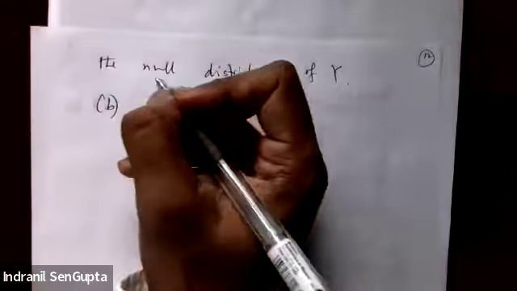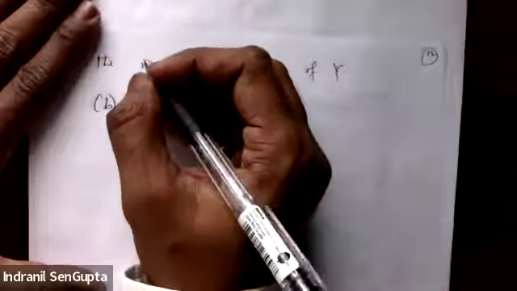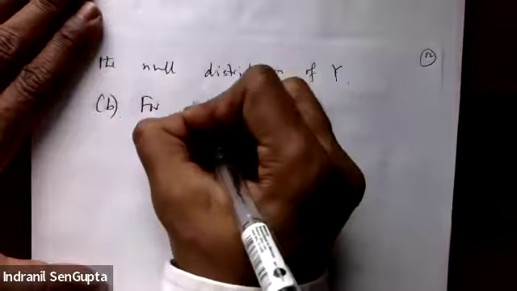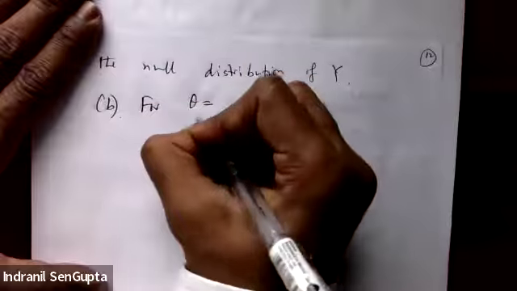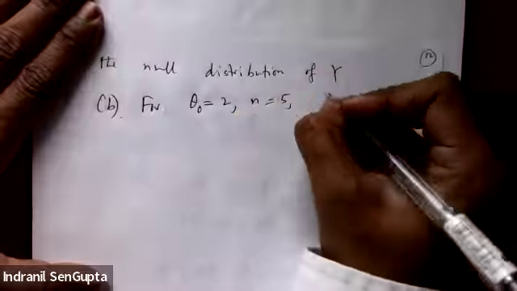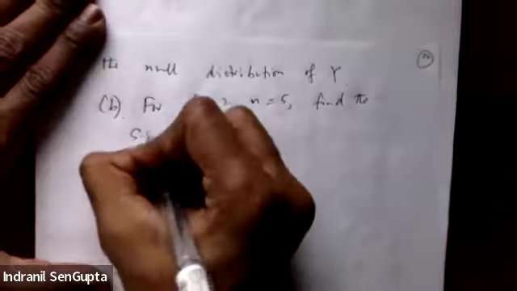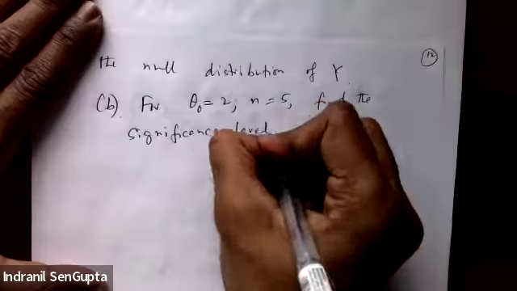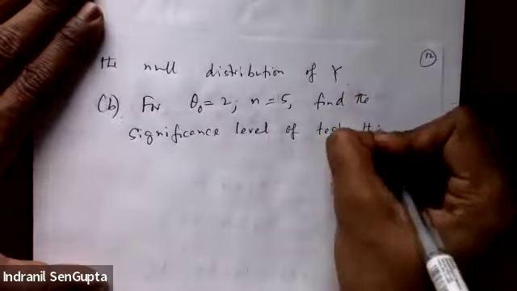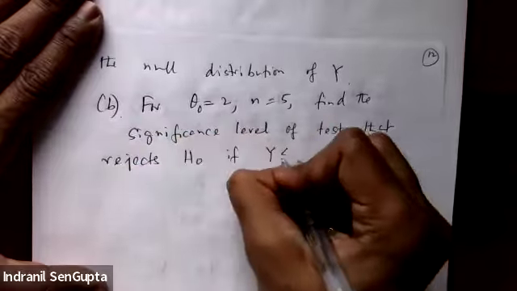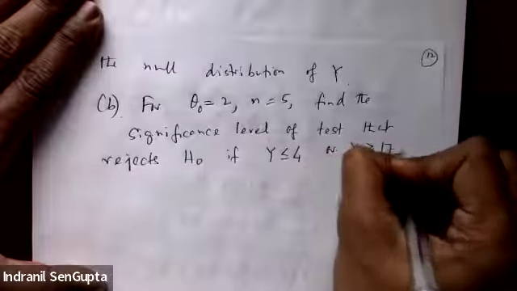And the second part is: for theta 0 equals 2, n equals 5, find the significance level of the test that rejects H0 if Y is less than 4 or Y is more than 17.